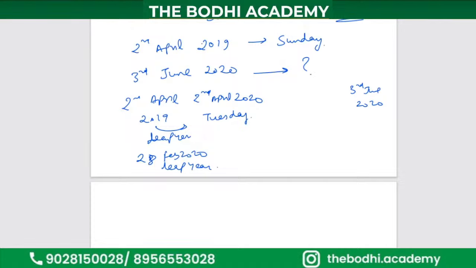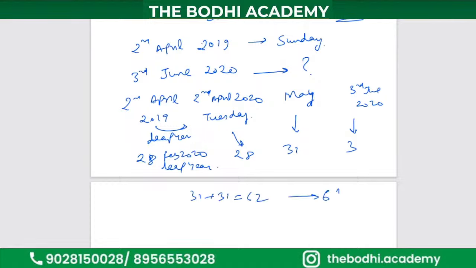So 2nd April 2020 was Tuesday. Now April we have, May we need to find, and June is what we need to find. So in April we have how many days? 28 days. In May we have 31 days, and in June we have 3 days. Add them together, 31 plus 31 is equal to 62.